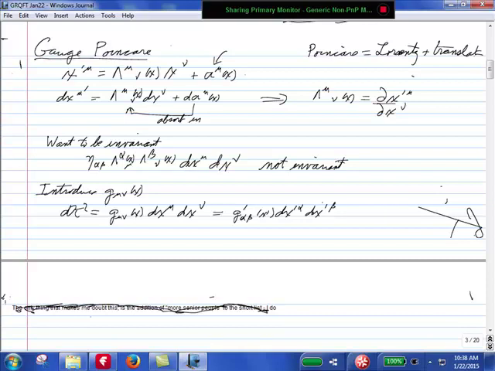And how can you write out such a one? Well, it's actually not hard for a scalar. It's harder for anything but a scalar. But here's our choice. So we start with the invariant volume, d4x square root of g.